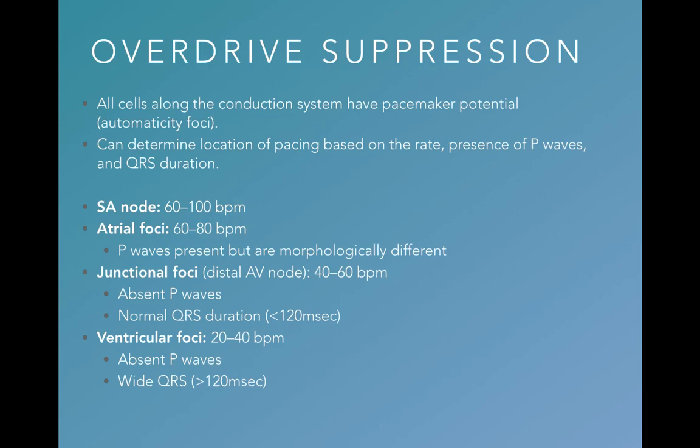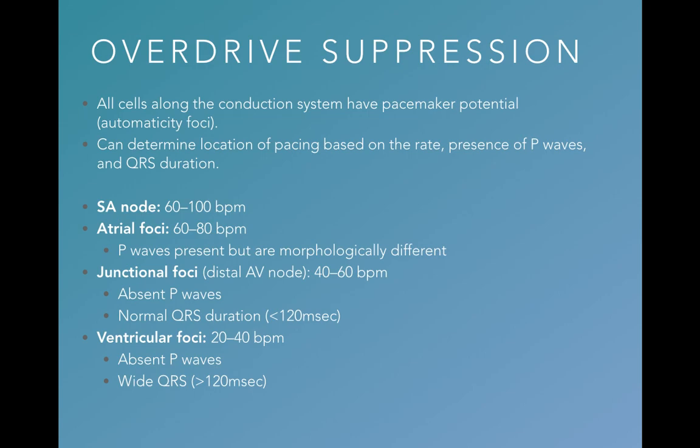So if you don't see a P wave, then something has to be going on. And the QRS duration is going to be under 120 milliseconds, which is normal. So as I said, those numbers that are a pain to memorize become extremely important, because if the QRS duration is greater than 120 milliseconds, then maybe something else is going on.